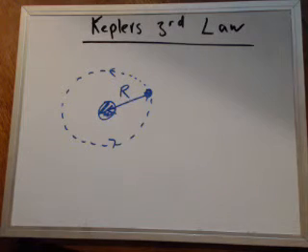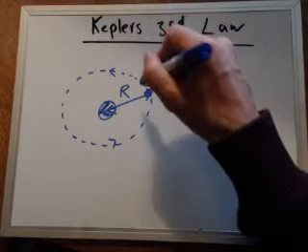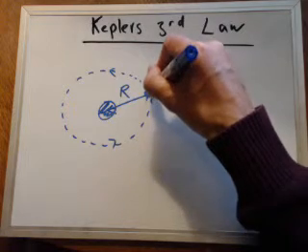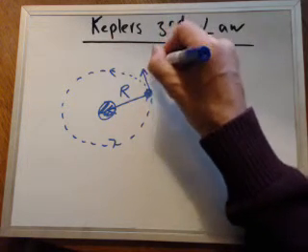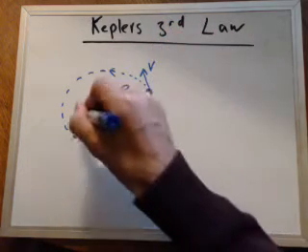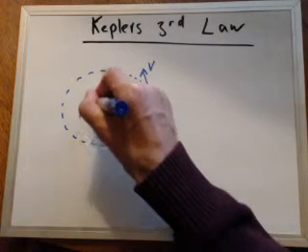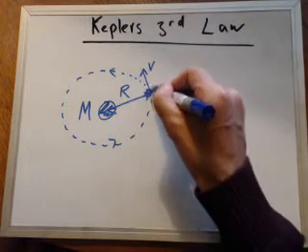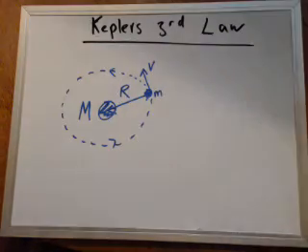Now it actually doesn't make any difference really if it's between the surface or the center, as due to such huge distances the difference between the centers or the surfaces will be very, very small. Now we're going to assume that the moon is traveling with a velocity v, and the mass of the planet is big M, and the mass of the moon is little m.